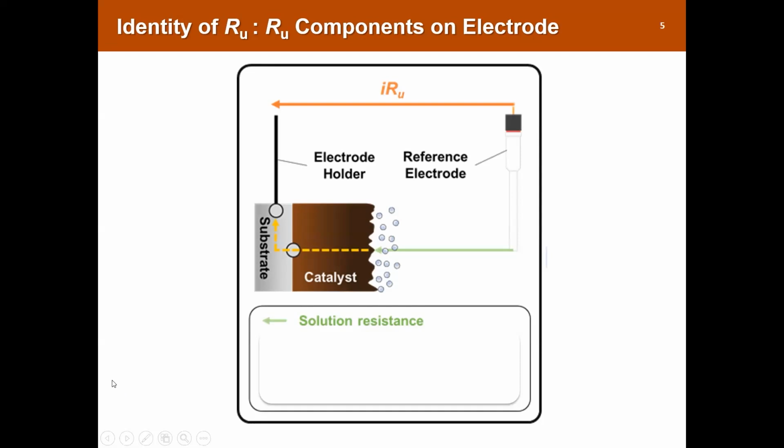Okay, what's the question? So in the first part, RU is just determined by the solution resistance between the working electrode and reference electrode. But depending on the electrode properties, we might have an additional component of the RU in addition to solution resistance.